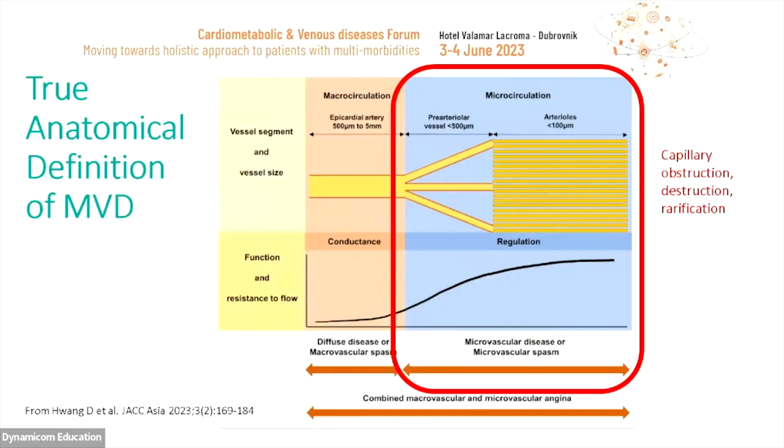We're talking about the microcirculation, everything that is below 0.5 millimeter, 500 micrometers: the pre-arterioles, the arterioles, and the capillaries that Giuseppe showed, where the single blood red cell can flow or not flow if it's already obstructed, if it's destroyed by fibrosis, if it's rarefied by hypertrophy that reduces the capillaries compared to the mass that it serves.